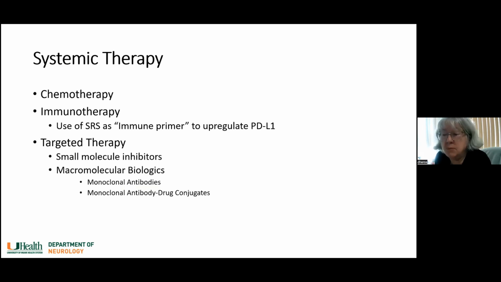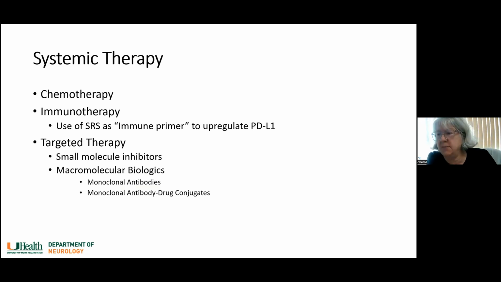It may become more important if we can increase the sensitivity to immune therapy by stereotactic radiosurgery as a primer. And targeted therapy, I think, has really brought about many new interesting treatments for metastatic brain tumors.